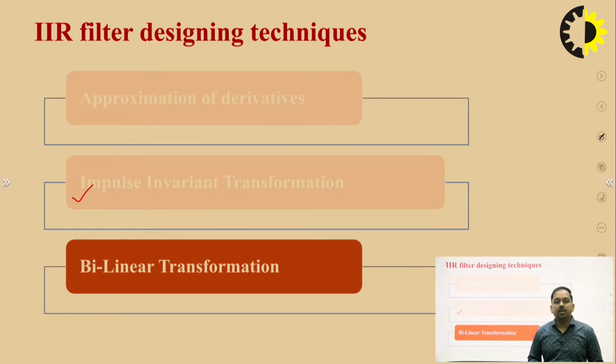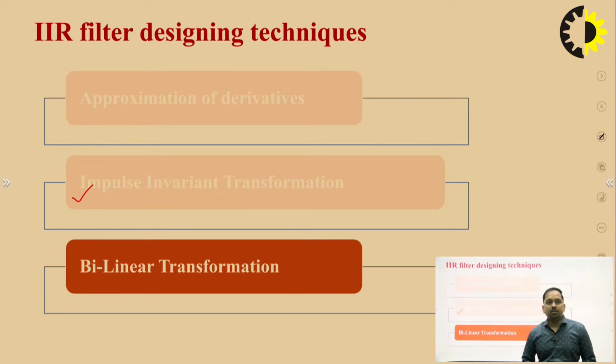That basically creates aliasing, and aliasing was a drawback for this particular method. That's why we were not able to design higher frequency filters like high pass, band pass and band reject filters with this technique.